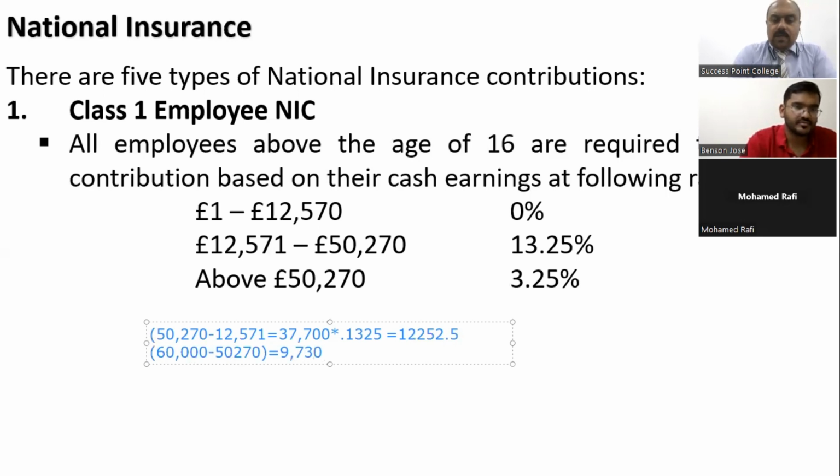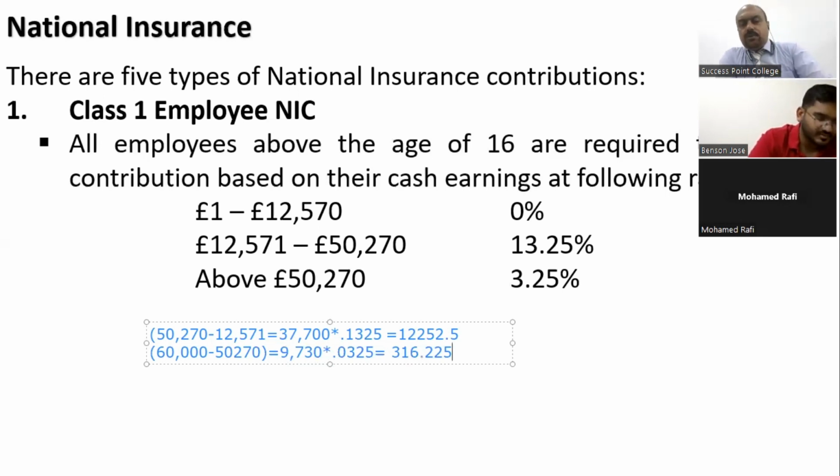This is the remaining amount, and we shall take 3.25%, so 0.0325. It will give us 316.225. You can add both, that is 316.225 and 12,252.5. This will be the total Class 1 employee NIC in respect of that employee.